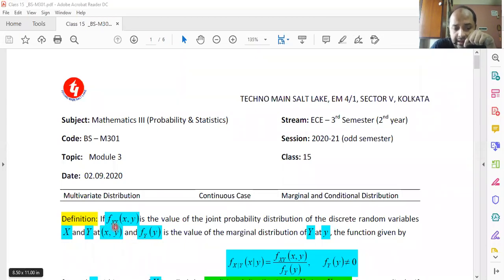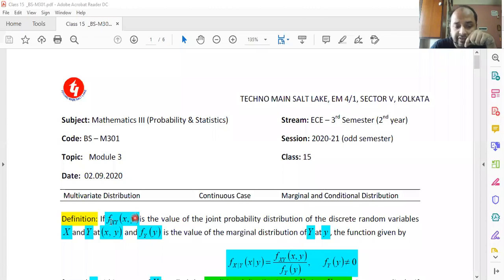Here I am writing that small f is denoting the function. The small f is a function of how many variables? Two variables. So I'm writing here x comma y. These are the variables. And this small x is the value of the corresponding random variable capital X, which has been written in the suffix. Small y is corresponding to the random variable capital Y, which is written in the suffix. So this is the notation, f of XY of x comma y.